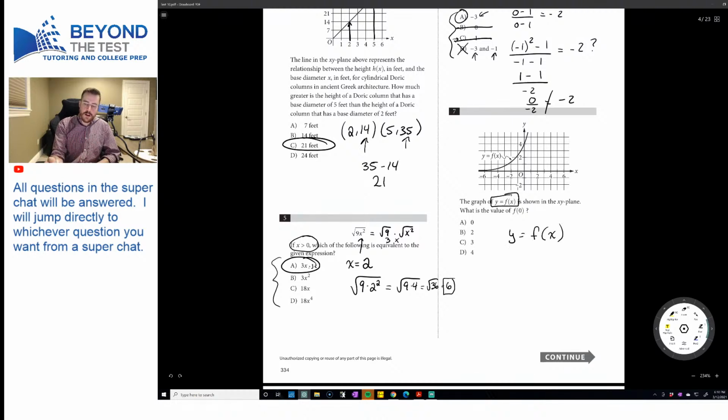So if they want to know what f of 0 is, what this is saying is when x is 0, we want to know what is the y value. Well, let's go to our graph here. When x is 0, that's at this point right here, I could see that that y value is 4. So my answer must be D for that one.